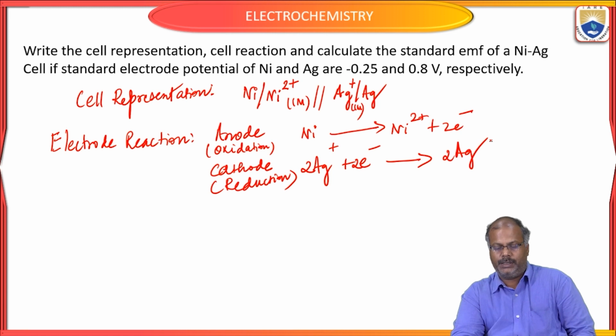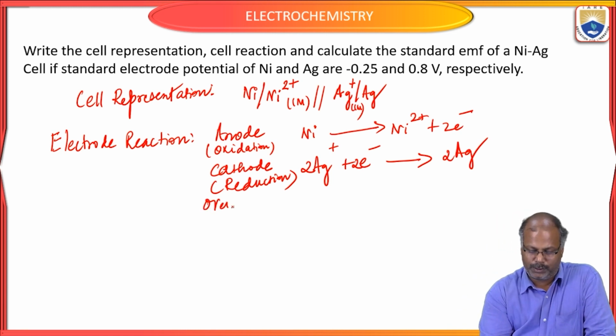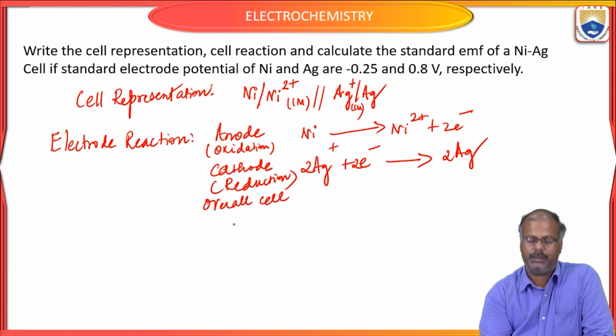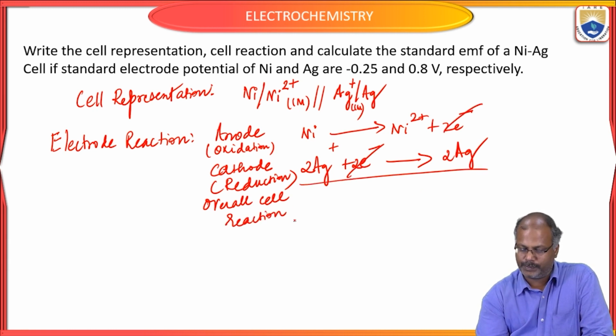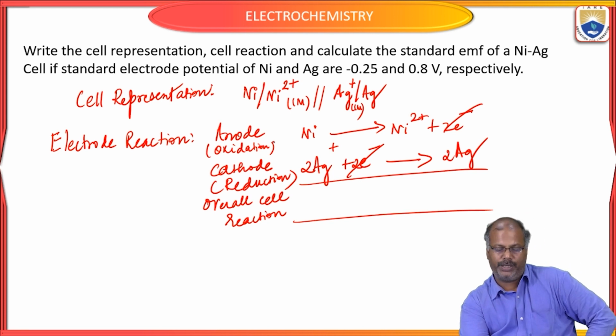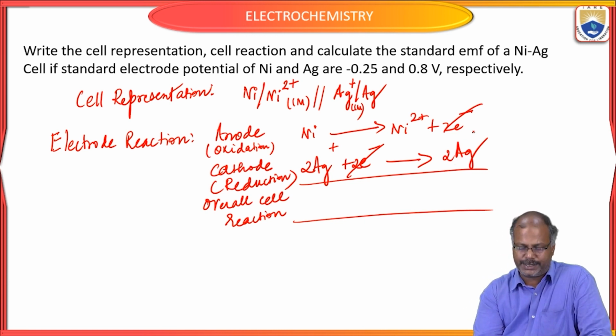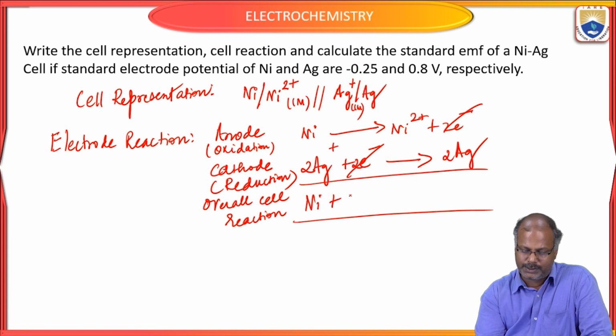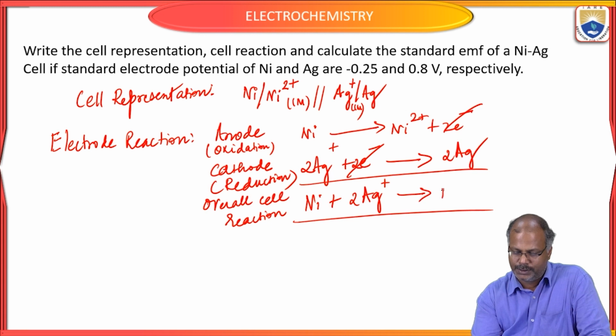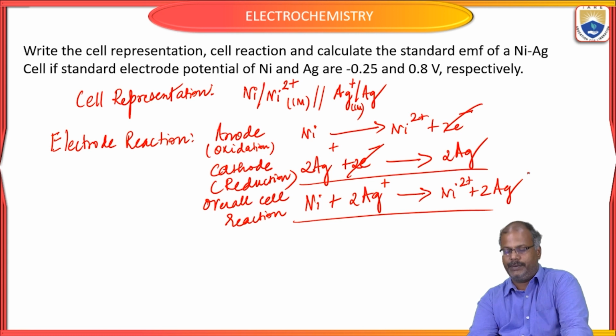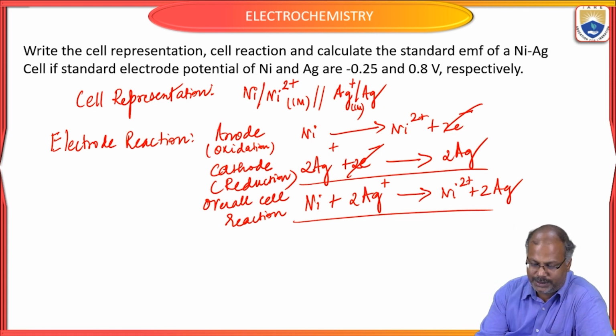So the overall cell reaction. This is the anodic half cell or oxidation half cell. This is the cathodic half cell or reduction half cell. The overall cell reaction is nickel plus 2 Ag plus gives nickel 2 plus plus 2 Ag. So this is how the overall cell reaction will come.